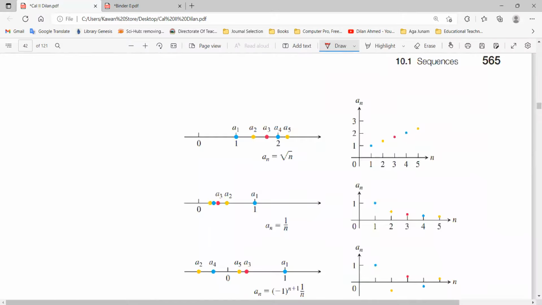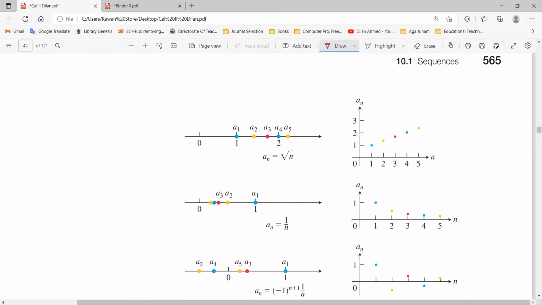And here's the picture. The sequence, like AN, is the function from natural numbers to real numbers. Means that I'm putting an input and getting an output.